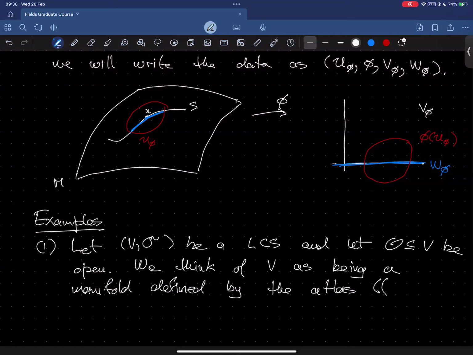An atlas is a bunch of charts, and the chart here is going to be a single chart, V with the identity map. Okay, so that's the atlas.